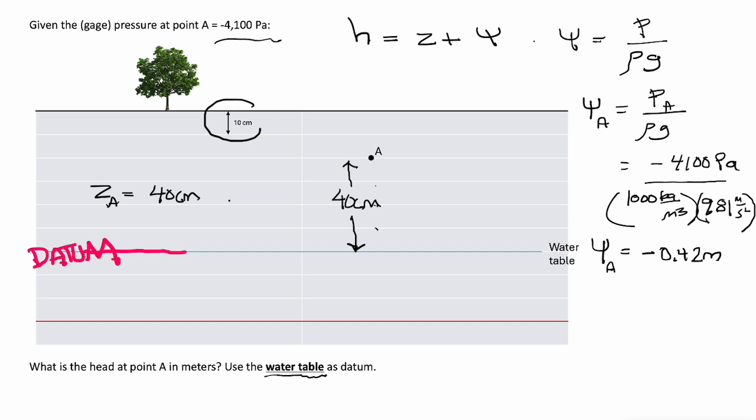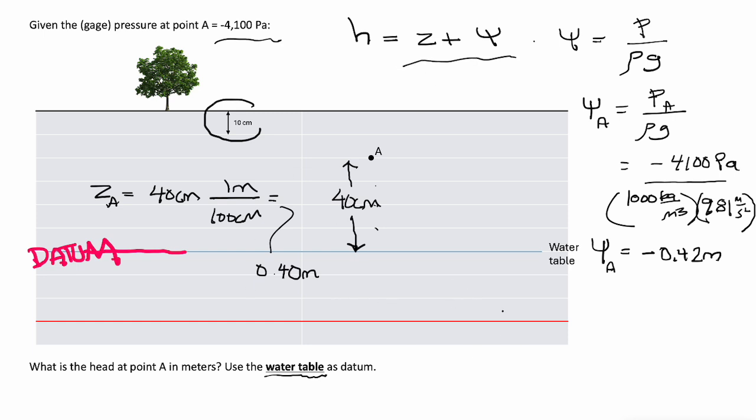Remember that there are 100 centimeters in a meter. So that is the same as 0.40 meters. And the reason I'm converting it to meters is because my psi was in meters, and these need to be in the same unit in order to add them like I do here, right?